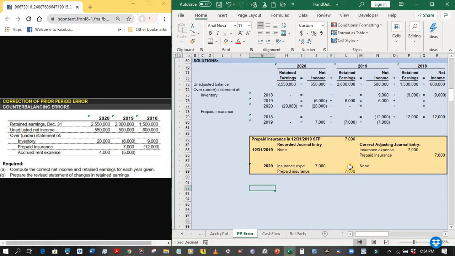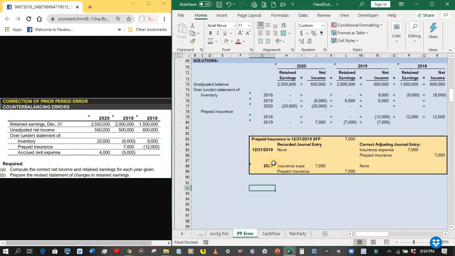So this entry was recorded by the entity in order to close the prepaid insurance balance of 7,000 at the start of 2020. So in order to close the 7,000, the prepaid insurance is credited for 7,000 pesos and was recorded as an insurance expense in 2020.